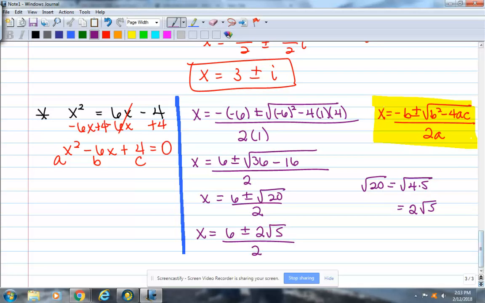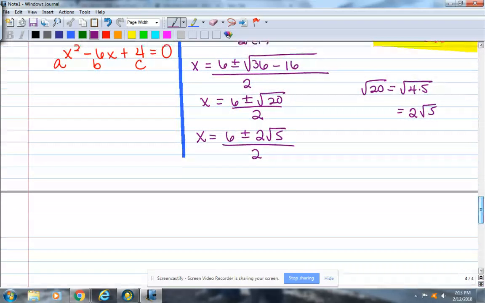Now, if you have it here, you're on the right track, but this is not simplified all the way. Because if you look, those numbers are both divisible by 2, aren't they? Is 6 divisible by 2? Yeah. Is 2 divisible by 2? So technically what you can do is say 6 over 2 plus and minus 2 radical 5 over 2.